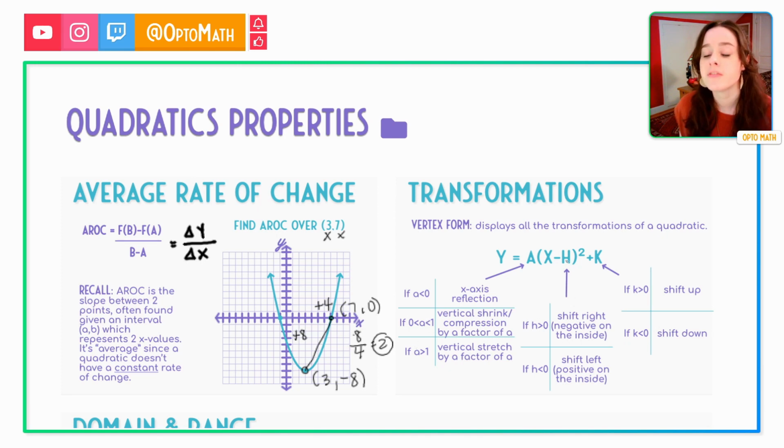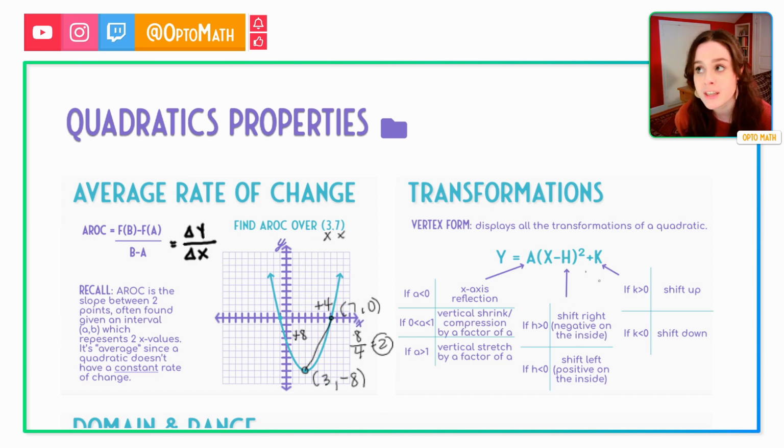This negative h is slightly tricky if you're thinking about what just the letter h does. So negative h, if h is positive, that means you're going to have minus a number, which means you're going to go to the right. So h is positive means you're going to shift right, but that's going to be a negative on the inside because of the subtraction.